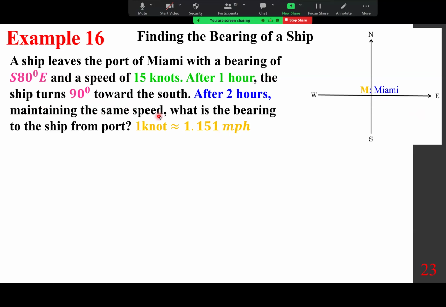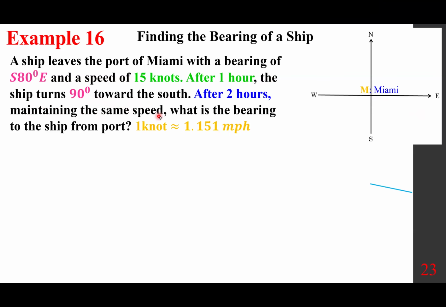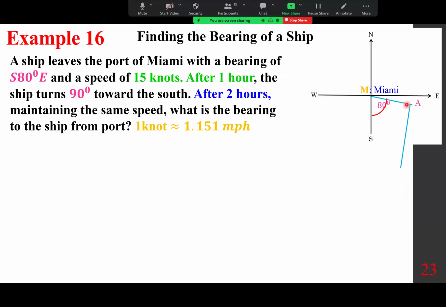So let's revisit this quickly as follows. So it's going to go this way. That's the 80 degrees. And then it makes a 90-degree turn. This is going for 1 hour. This is going for 2 hours. Okay, 1, 2.